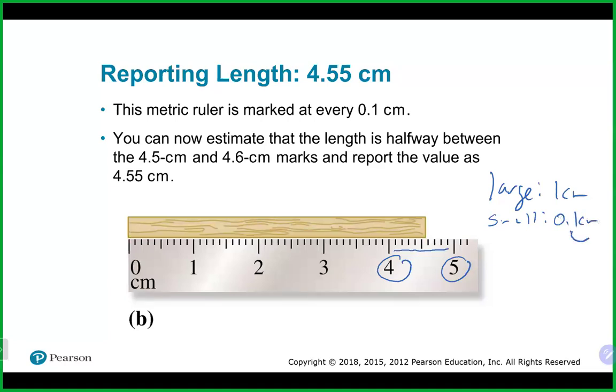We could then go one more place to the right typically, and that is how we get to our 4.55, as right here is 4.5. And that is our certain numbers, and our first uncertain number. This again would have 3 significant figures in this particular measurement. Any questions on those there?